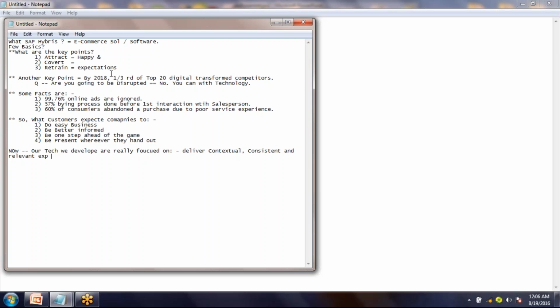That means they are expecting all three. They want contextually relevant information, consistent, and regardless of the device. And the last thing is throughout the journey: if they are with you, you need to give contextually relevant and consistent information all the time, and be with them throughout their journey. This is what our solution should focus on.